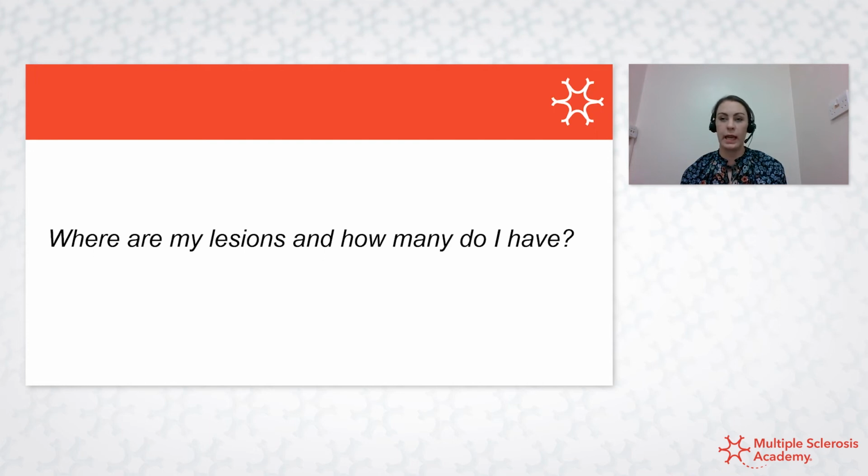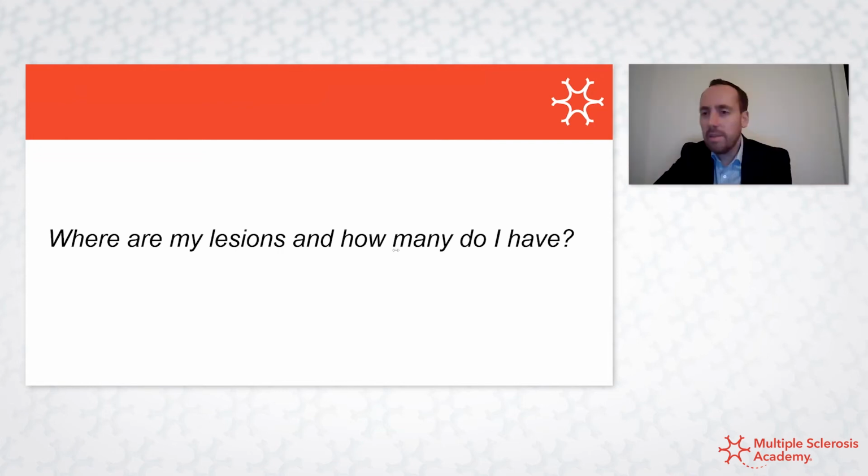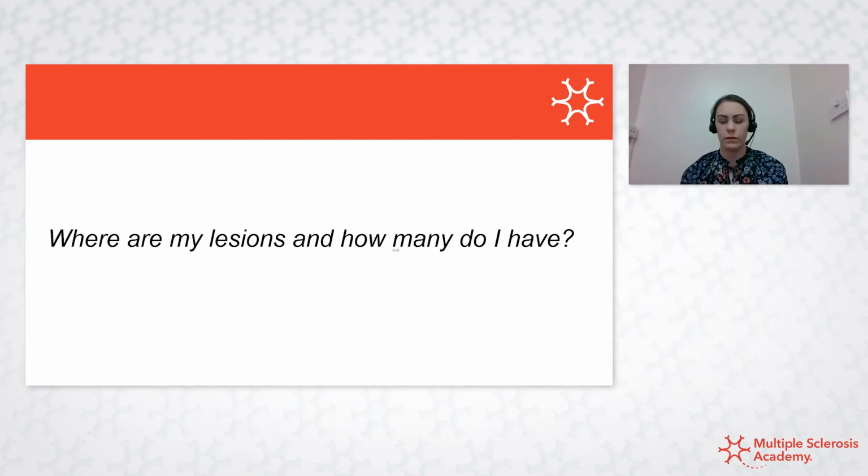If somebody is a bit risk averse, concerned about medications, hopefully if they see what's going on, they may find the decision a little bit easier to go on something. For me, when I make the diagnosis, I always put the scan up because I think seeing is believing a little bit for patients.